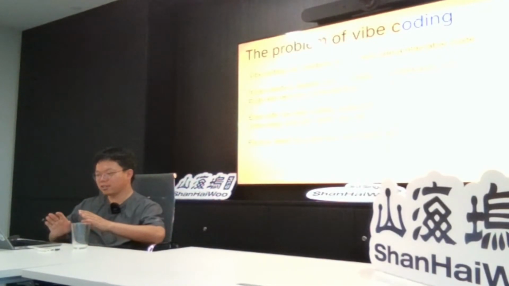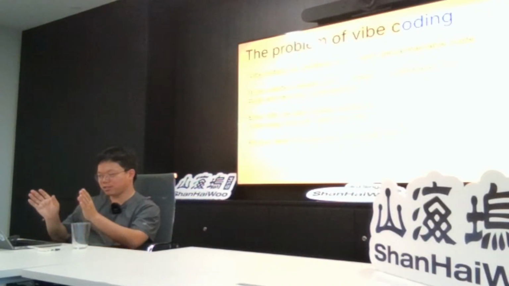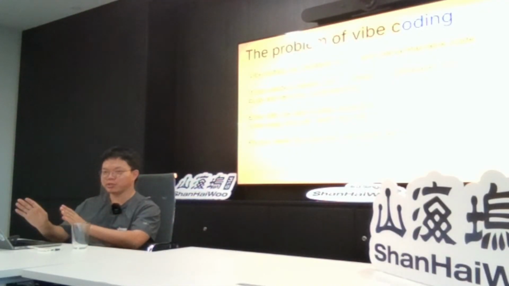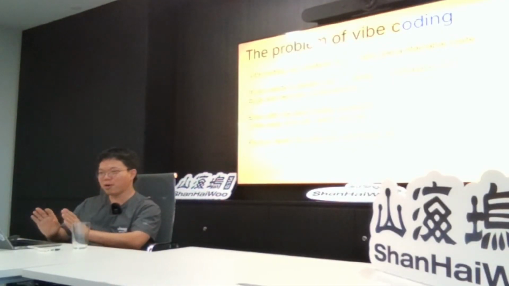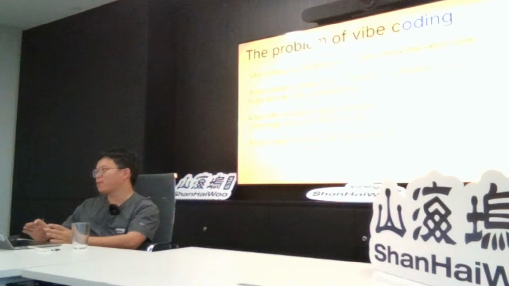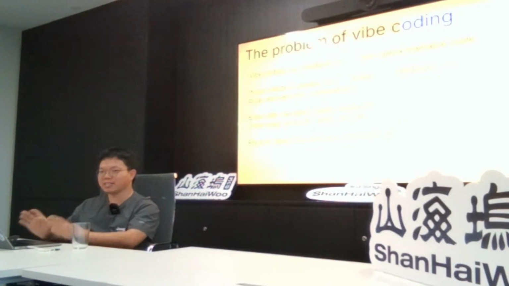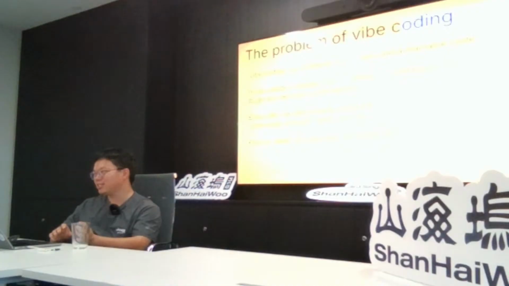And sometimes the AI just uses a tech stack that you are not familiar with, and then it's almost impossible to fix the bug. You can only ask AI to revert the code base and do it again, and see if you have any luck.